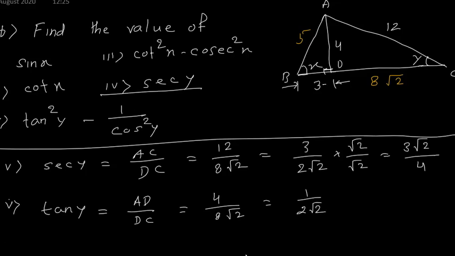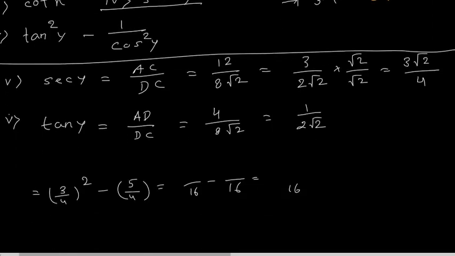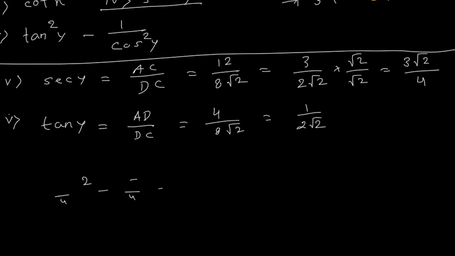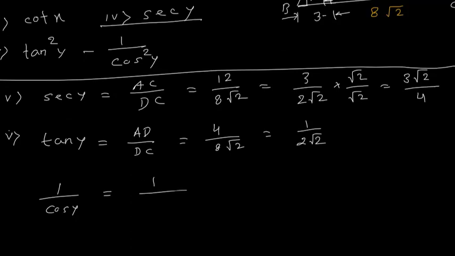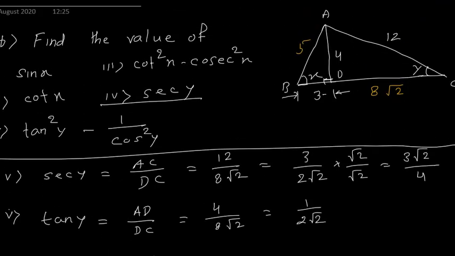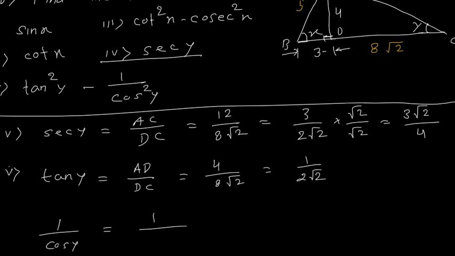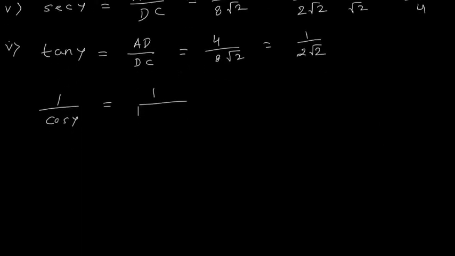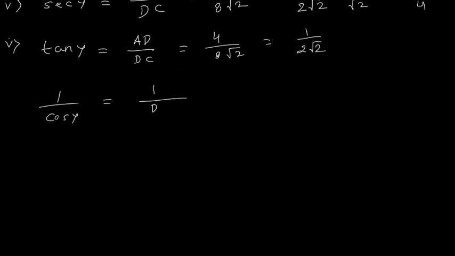Now 1 upon cos y. For cos we see adjacent upon hypotenuse, so DC upon AC. So we can say that 1 upon cos y is AC upon DC.